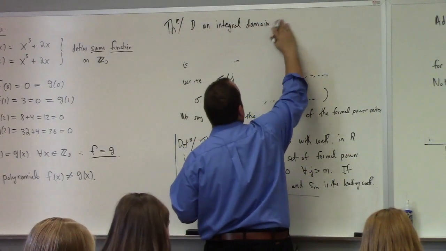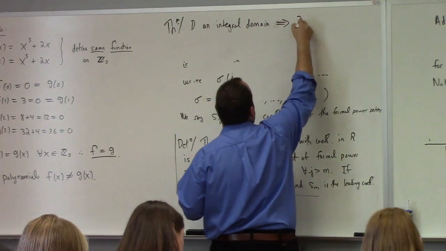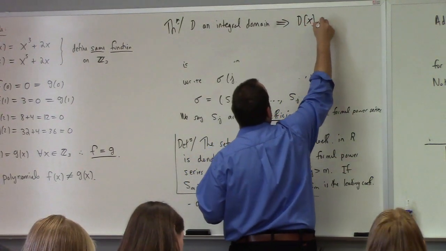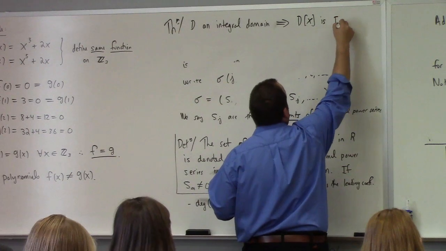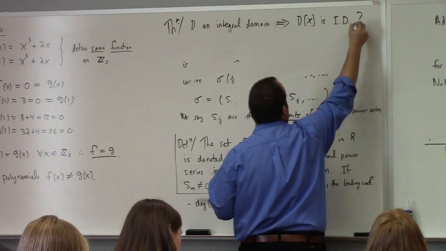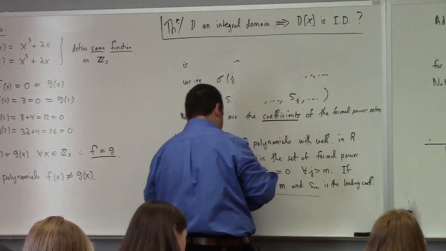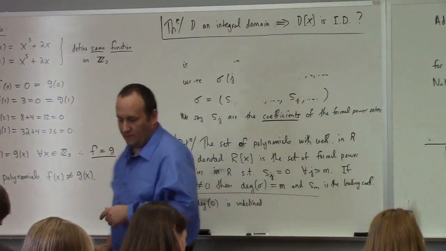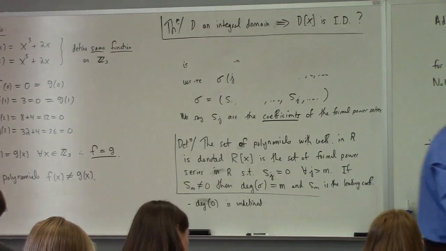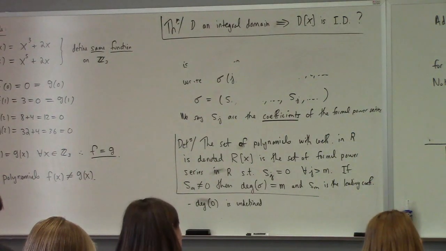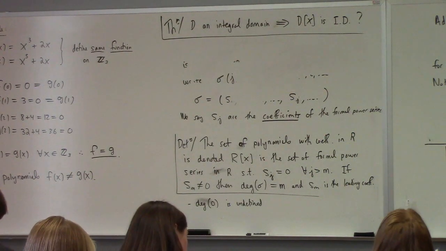And does that imply that D of x is an integral domain? You're like, well, if it's not true, then that's a really weird theorem. Right? So how would we prove this?